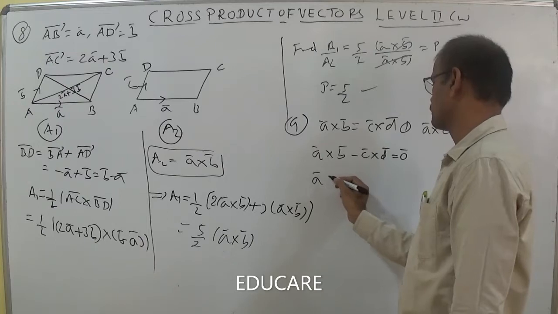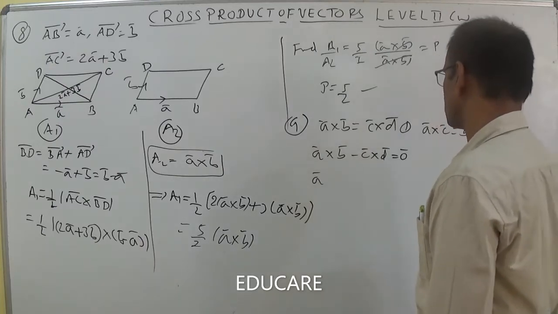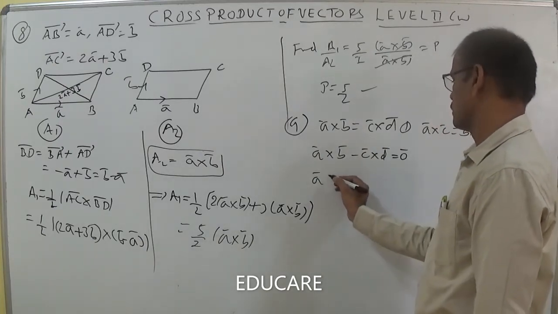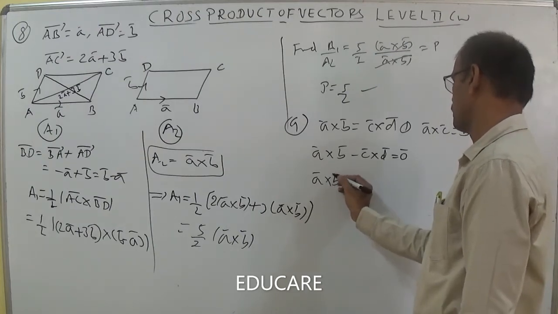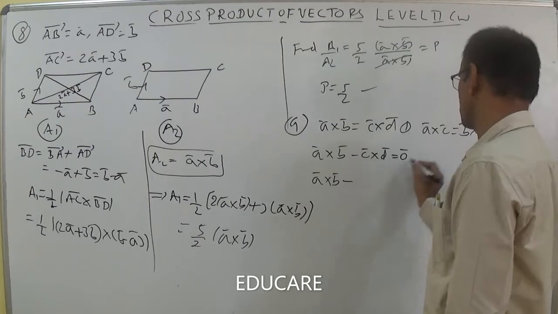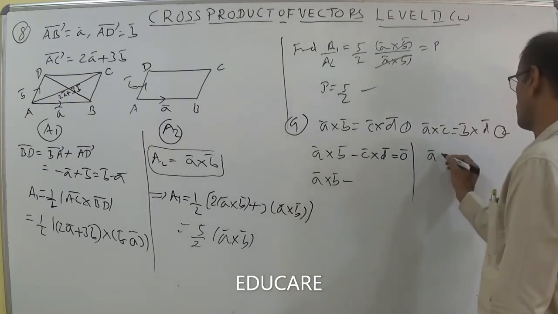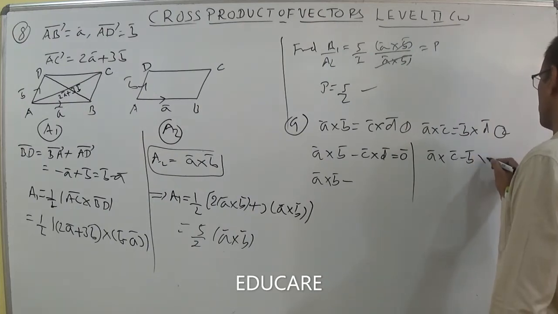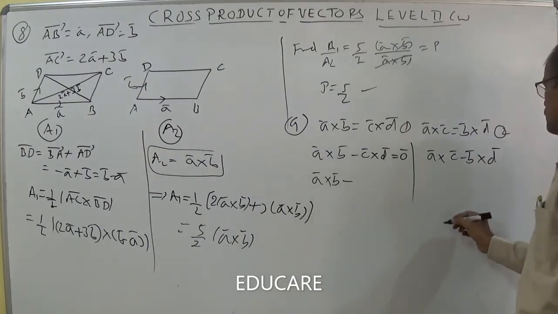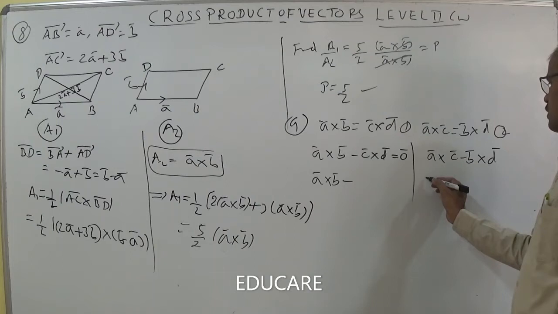A bar cross D bar, we can do one thing. A bar cross B bar minus C, let us write here also the data: A bar cross C bar minus B bar cross D bar.